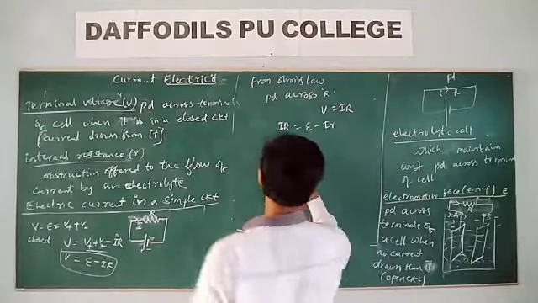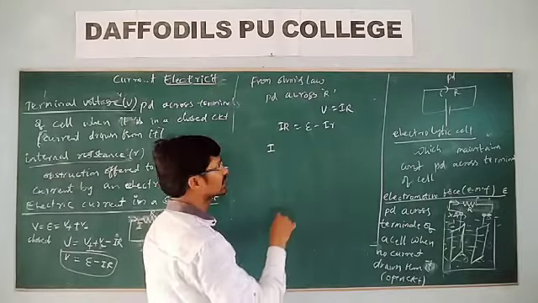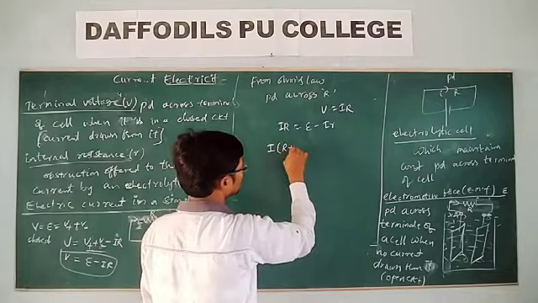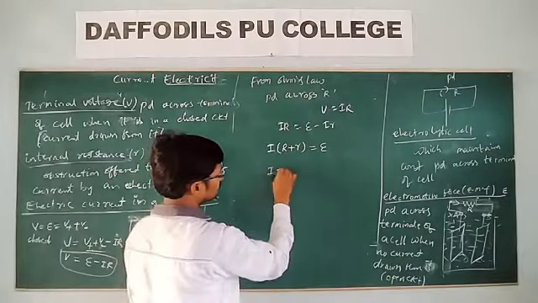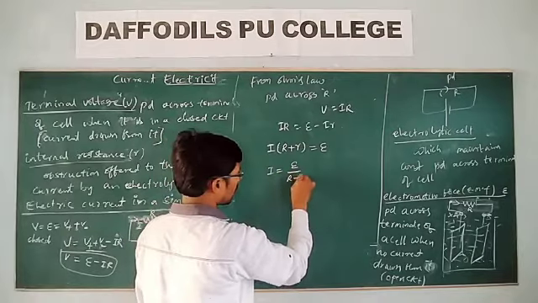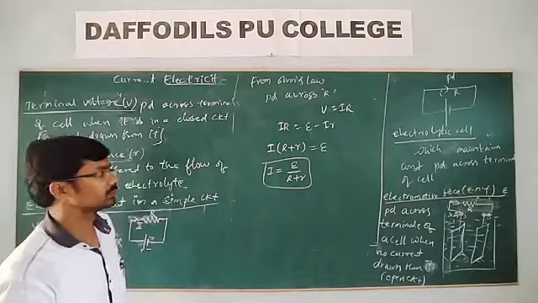Bring this Ir to this side, then IR plus Ir, I into capital R plus small r is equal to E. Then what is current? I is equal to E by R plus r. This is the current in a simple circuit.